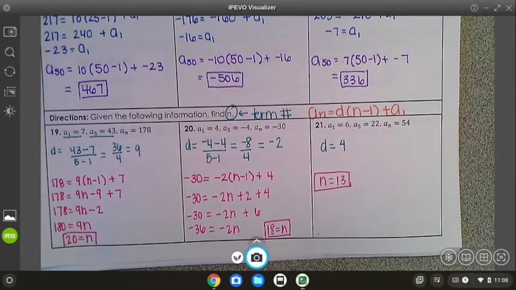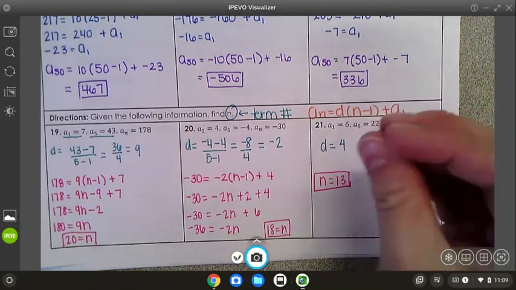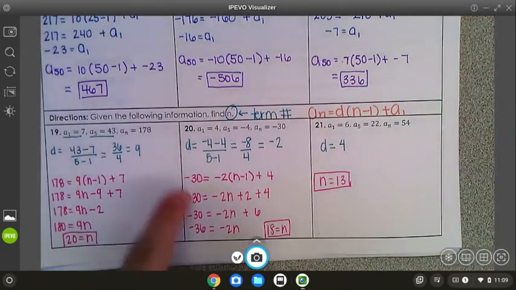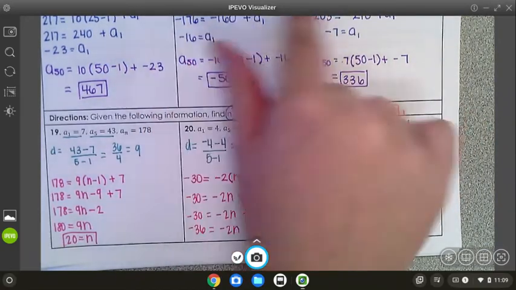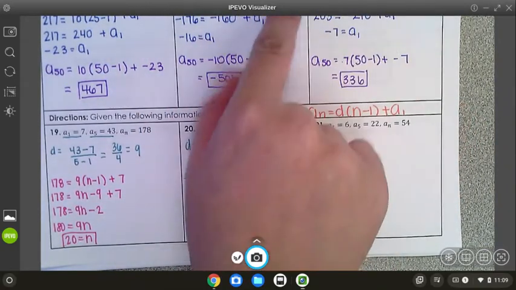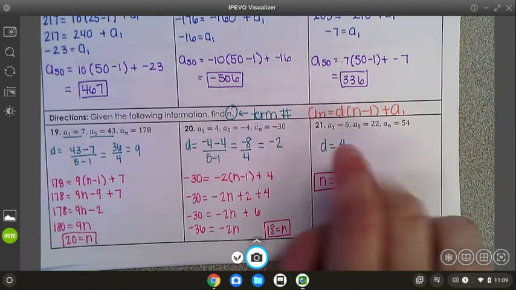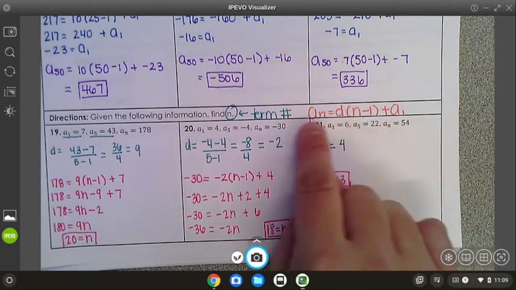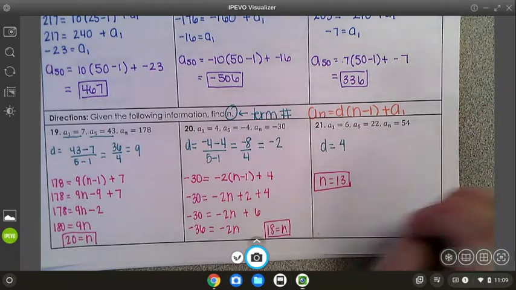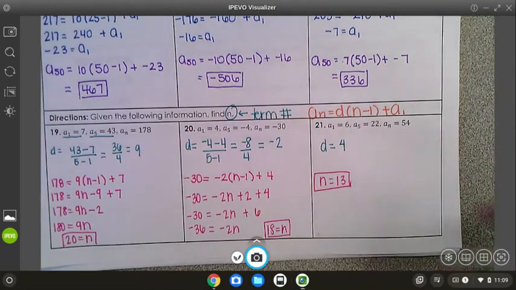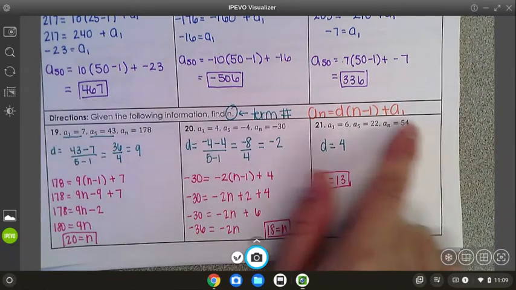So I know there's a lot of different types of examples. The thing that you need to do is just read it, figure out. Most of the time you're going to be using this formula somehow. So you've got to look at the information that the problem gives you, see what you're trying to find, what you don't have, and kind of start there, because there's so many different ways that you might see examples.